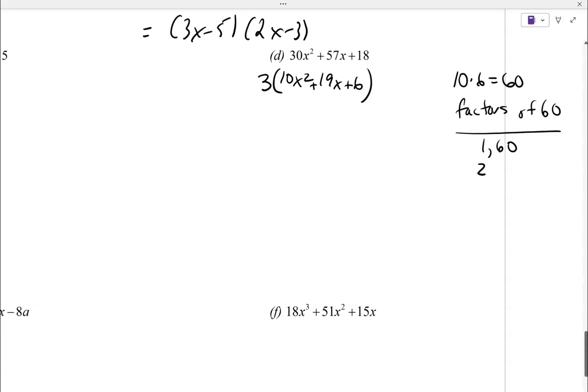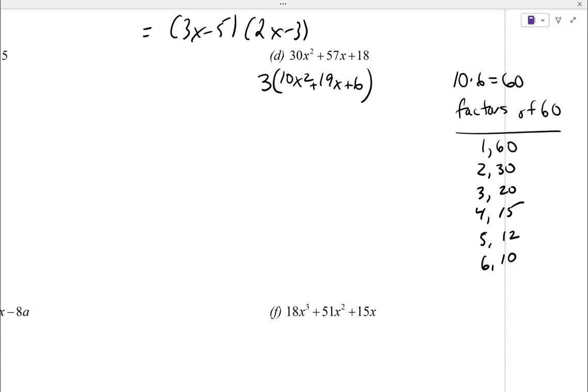Does 3 go into 60? 20. Does 4 go into 60? I think it's 15, right? 5 goes into it 12 times. 6 goes into it 10 times. 7, 8, and 9 don't go in evenly. So we're done. So far, so good?